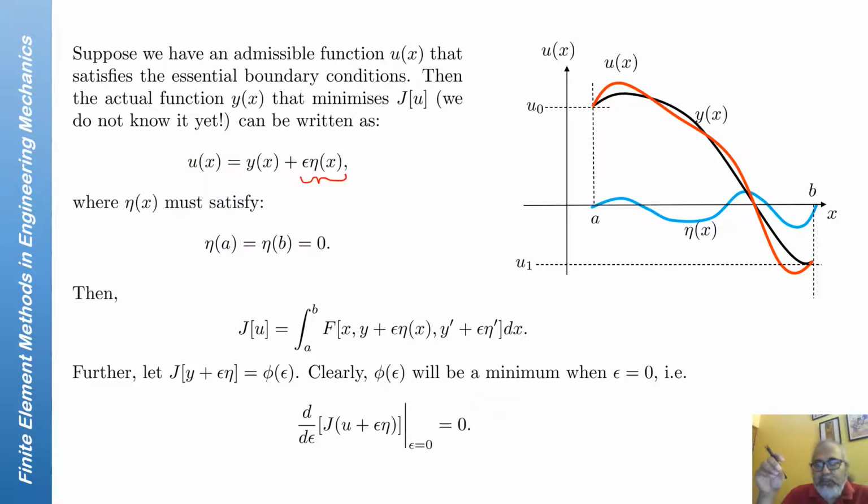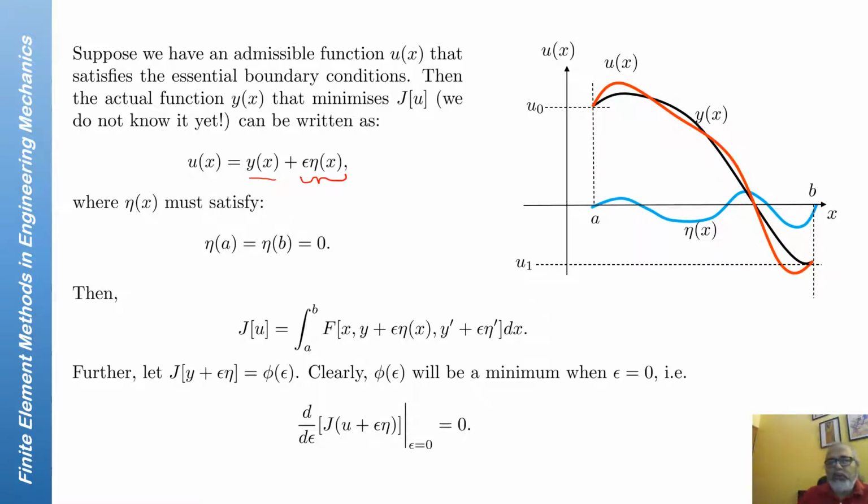You can take various forms of eta(x) and you will get various u(x). The condition here would be that all these u(x)'s will be admissible. So this is the function that actually minimizes, and this is a perturbation on that function. The red function is constructed by multiplying the cyan colored function, which is 0 at the ends, by a small number epsilon, and adding it to the actual function y(x), which we still do not know.